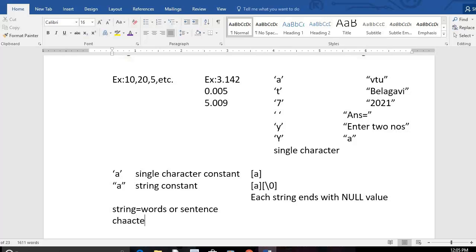And character means akshara, single letter, one akshara. You need to understand that in your own regional language. Character means just one letter, but string means two or more letters. That is the difference between character and string.